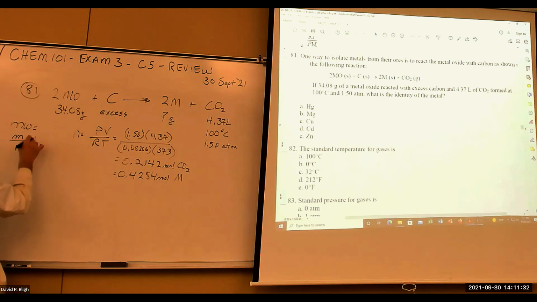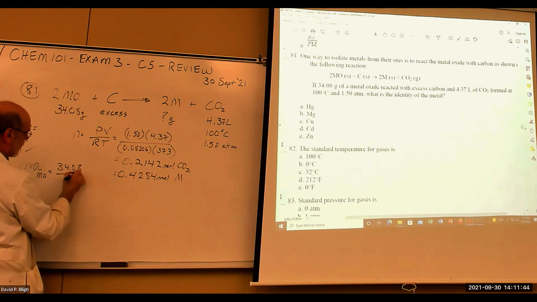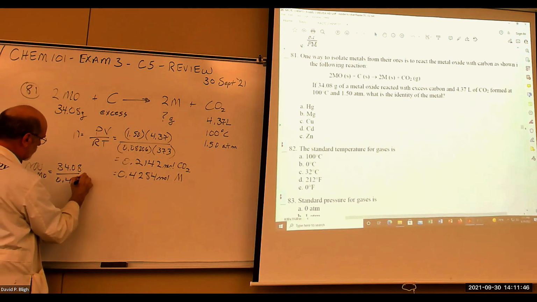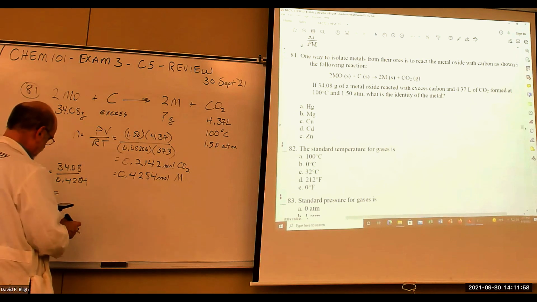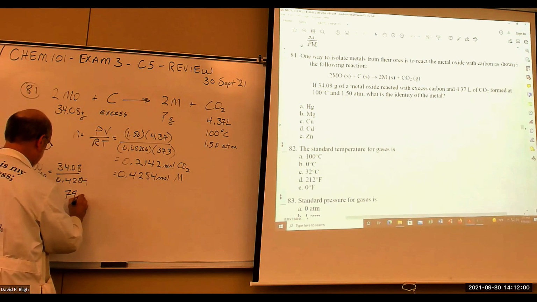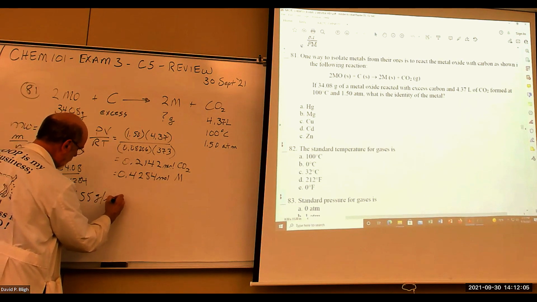So the molecular weight of MO equals 34.08 divided by 0.4284. That's 79.55 grams per mole of MO.